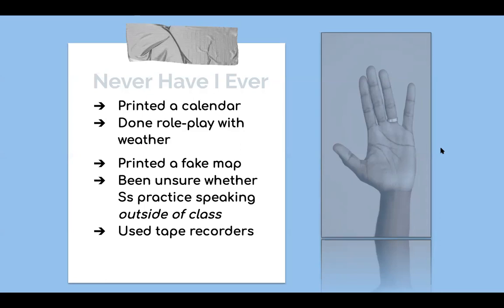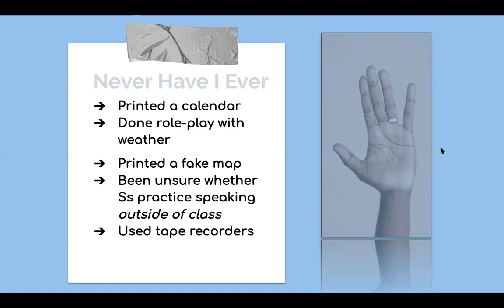If you have ever printed or used a fake map in class, so maybe it's one of those road maps where the library is across the street from the grocery store, something like that. If you have ever used one of those, put a finger down. If you have ever been unsure whether your students actually practice their speaking skills outside of class, put a finger down.